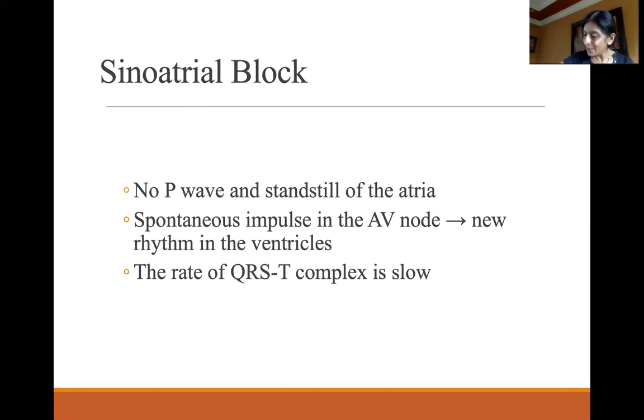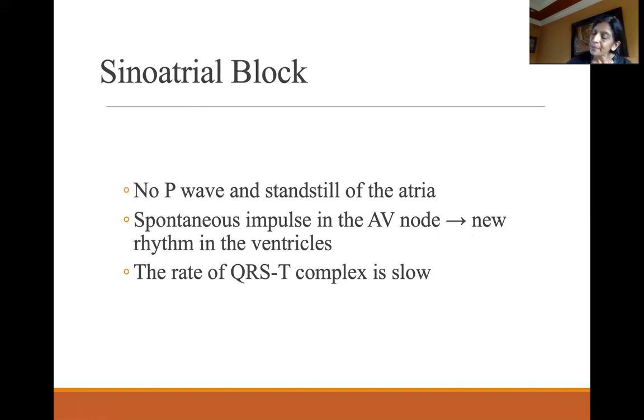So AV node initiates the electrical activity, the rhythm from the AV node. All right, spontaneous impulse in the AV node, new rhythm in the ventricle. So no P wave, but normal QRS and T wave. Okay, the rate, however, is going to be less than normal.